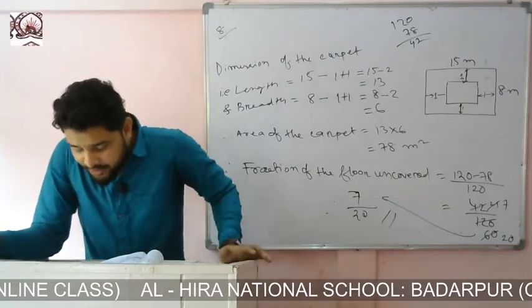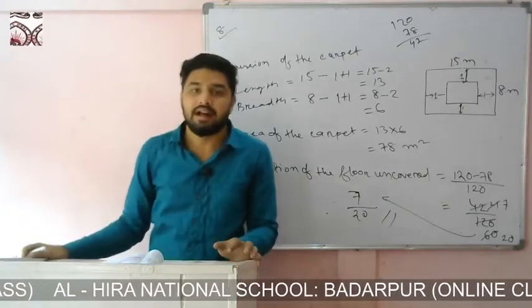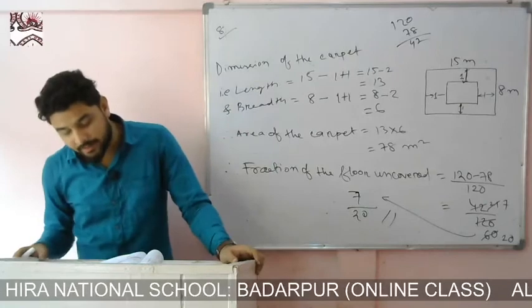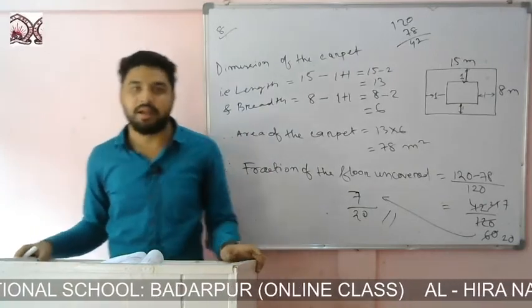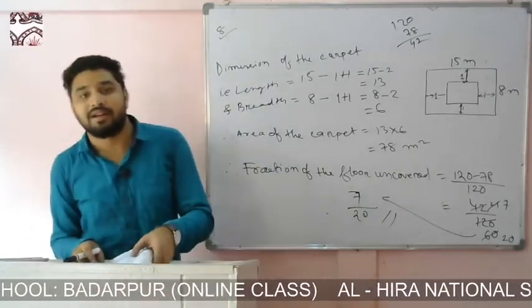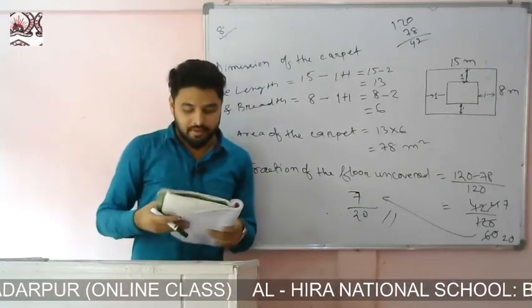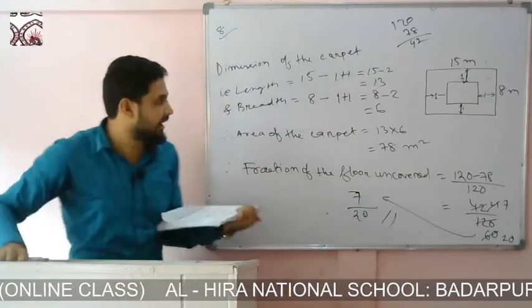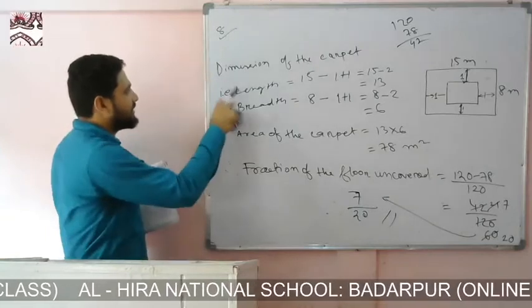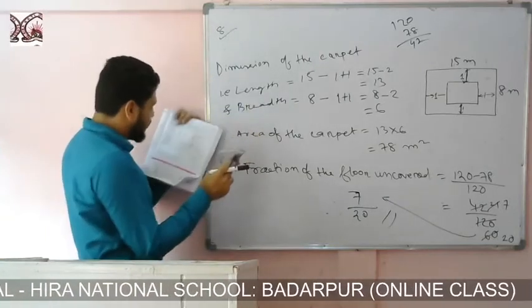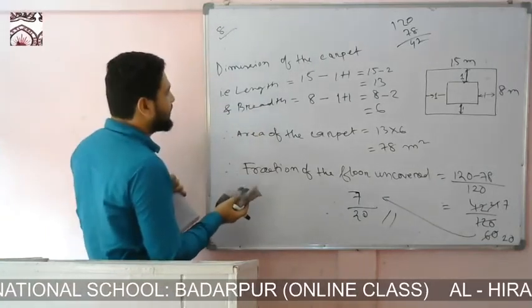Find the dimension of the park. That means you have to find the dimension of the park. Dimension means what? Length and breadth. You have to find the length and breadth of the park.